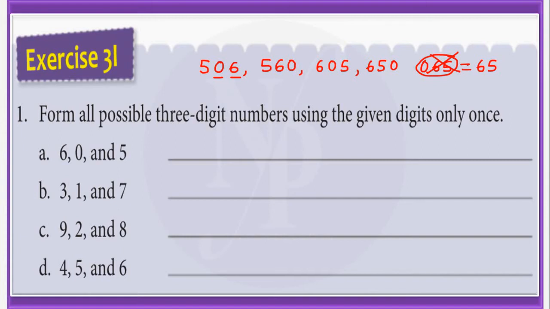Similarly 056 is also just 56. So the 3-digit numbers that can be formed using 6, 0 and 5 are 506, 560, 605 and 650. Let us write these numbers here in the given space.